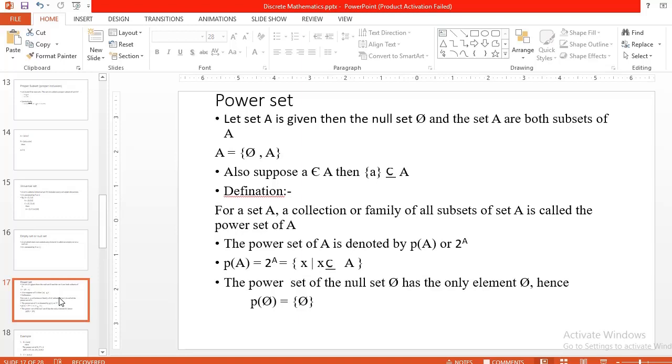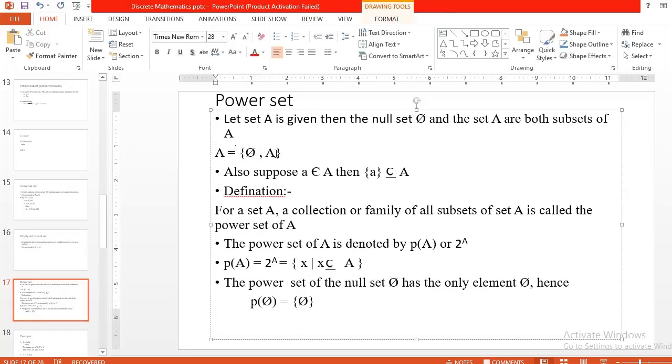Then the null set phi and the set A are both subsets of the set A. See here in this statement, suppose a set A is given, then the phi set, or the null set, or the empty set, is one of the subsets of set A. Okay, and the set A itself is a subset of set A. Symbolically I have denoted here, A is equal to, in curly braces, phi and A. So by this statement you can say that phi is also a subset of set A, and that set A itself is a subset of set A. For example, suppose element A belongs to set A, then this element A is a subset of A.